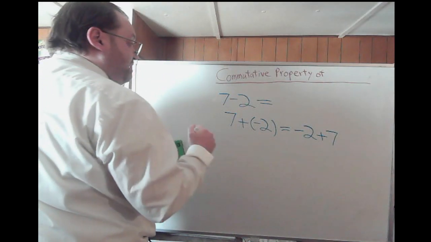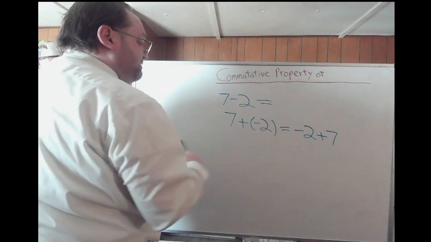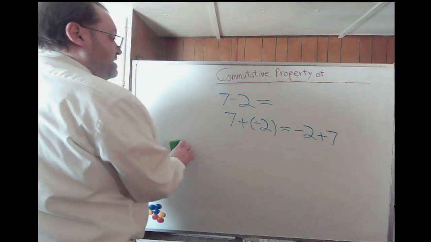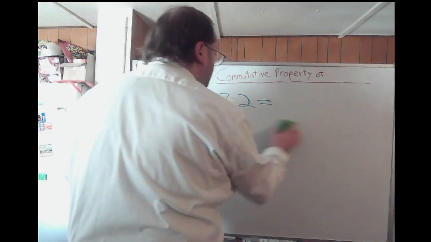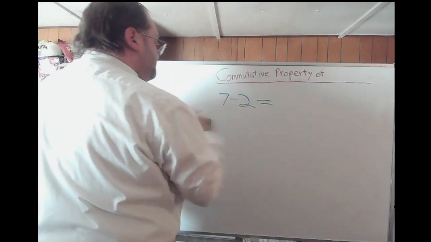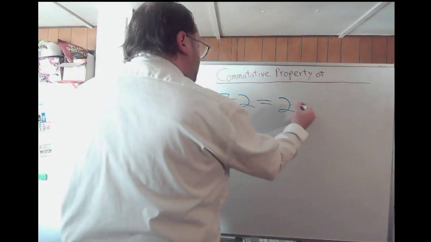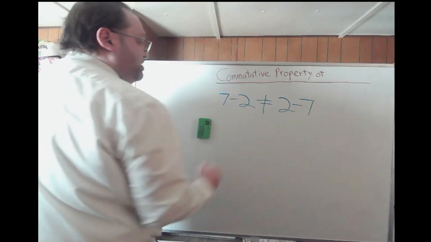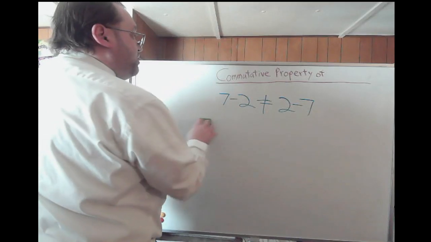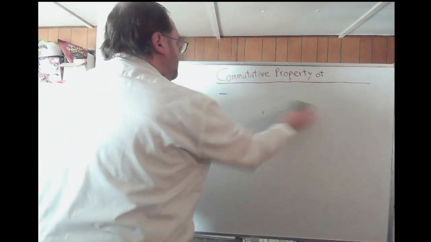You could do that, but you can't do 2 minus 7, if that makes sense. That's the closest you would ever come to a commutative property of subtraction. But in subtraction, you cannot rearrange which one's positive or negative. It just doesn't work.